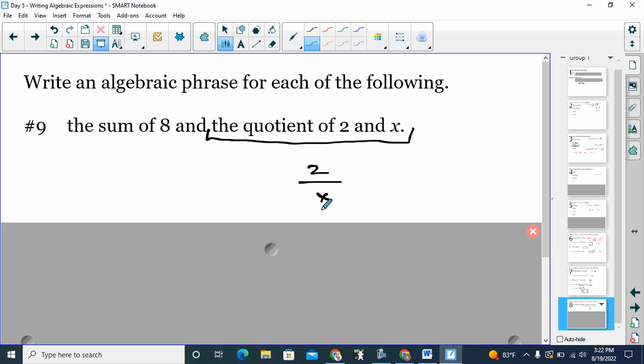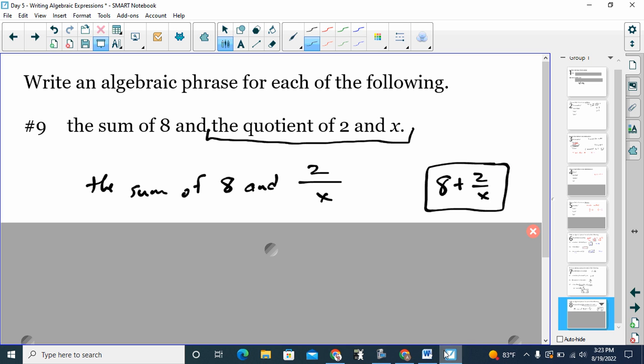The quotient of 2 and x would be 2 over x. So now the phrase says the sum of 8 and 2 over x. Sum means I'm adding, so my answer is going to be 8 plus 2 over x. Addition is commutative, so I could switch the order around. 2 over x plus 8, also acceptable.